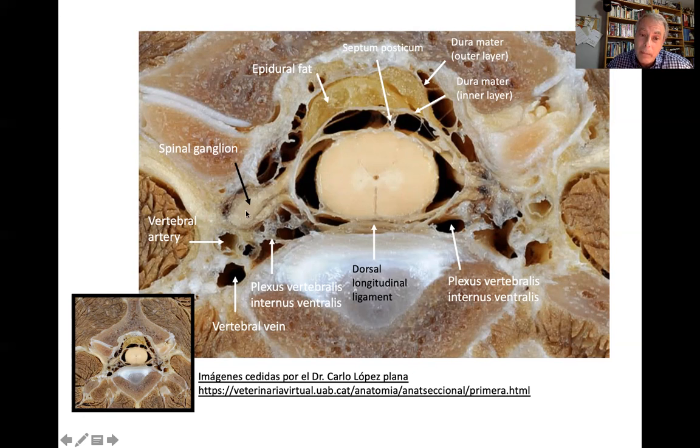However, at the distal portions, the dura and the arachnoid form single sleeves, one for the dorsal and one for the ventral root. Okay. Again, this is the epidural fat, and usually most of the epidural fat dorsally located is located at the level of the intervertebral disc.